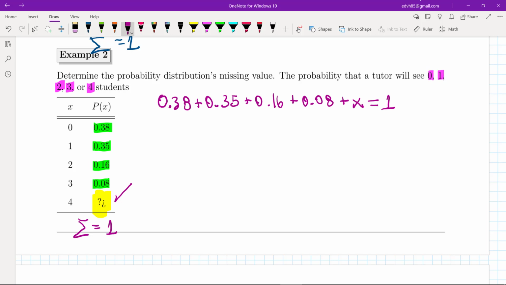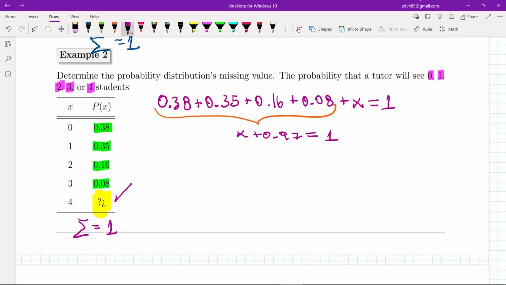And if we combine like terms, that is, add up all these numbers right here, this is going to give us 0.97. So we're going to have x plus 0.97 equals 1.